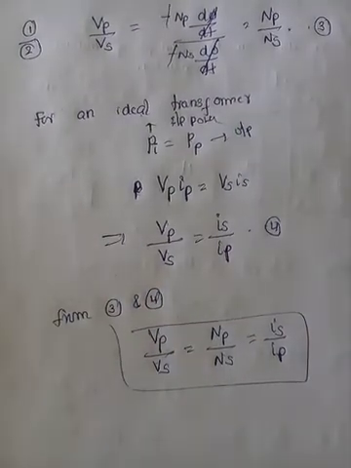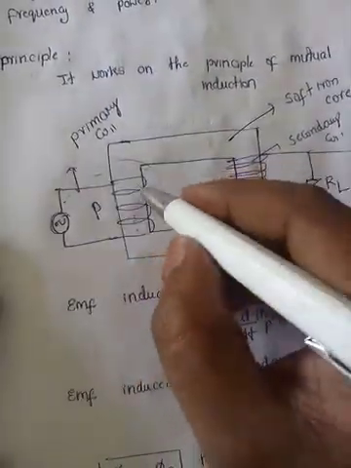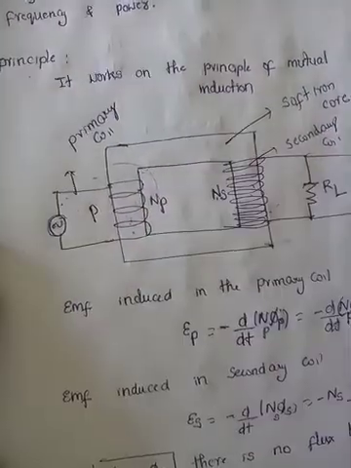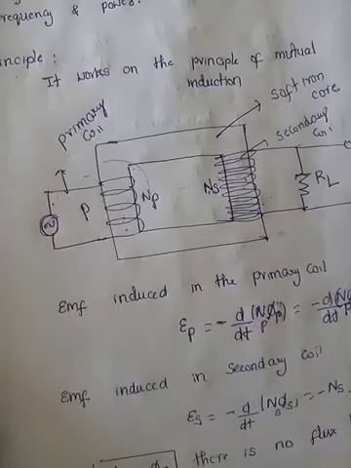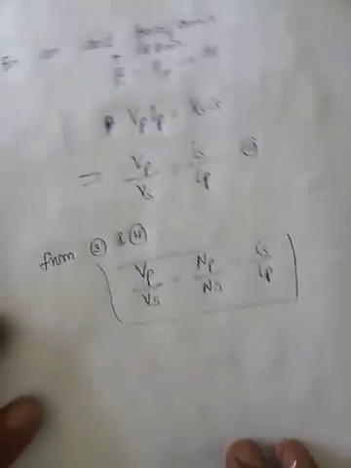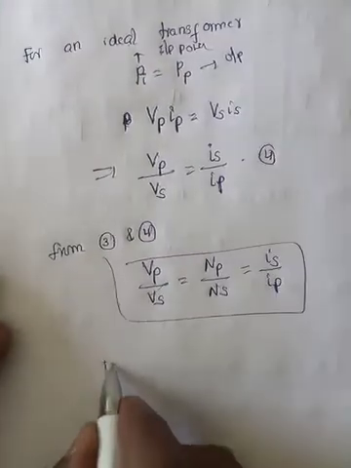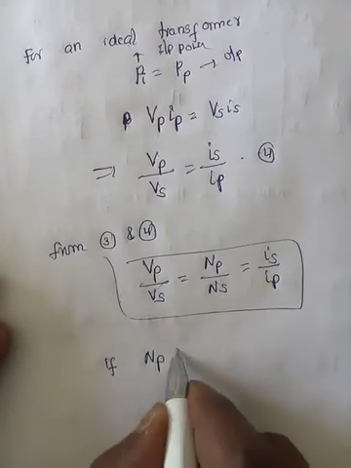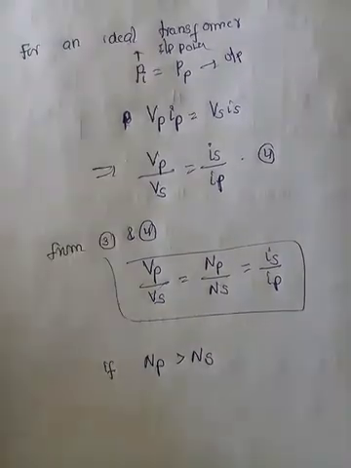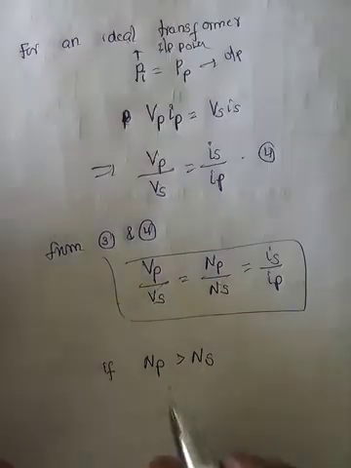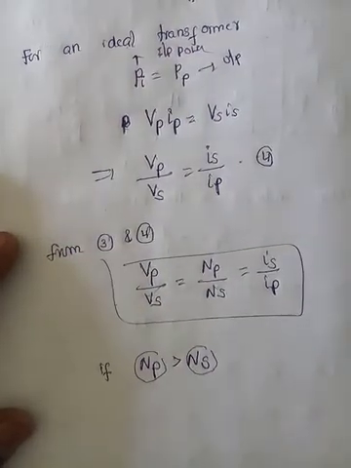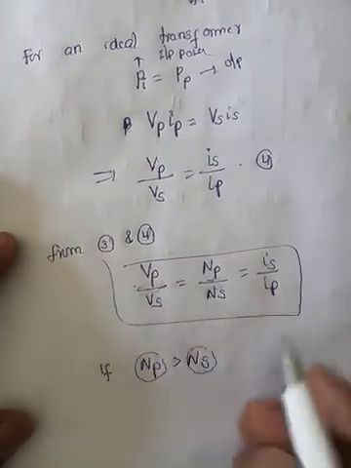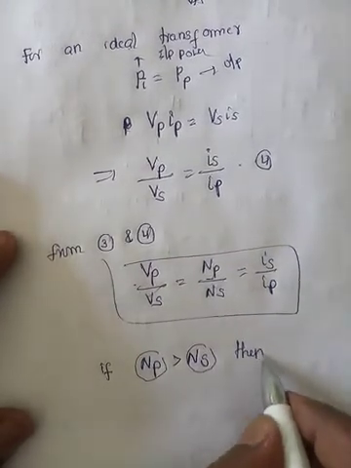See here, have you observed that I have taken the number of turns in the primary coil as 1, 2, 3, 4, but in the secondary coil there are more turns, right? What happens? See, assume that Np is greater than Ns. I am taking the condition that the number of turns in the primary coil is greater than the number of turns in the secondary coil. Then from this equation, what do you get, ma?